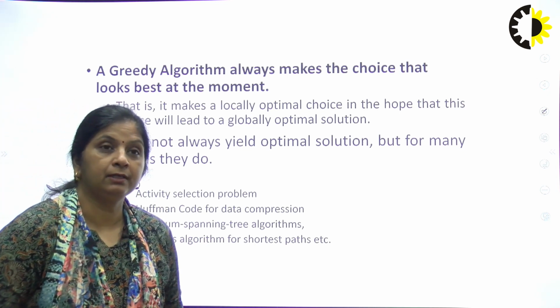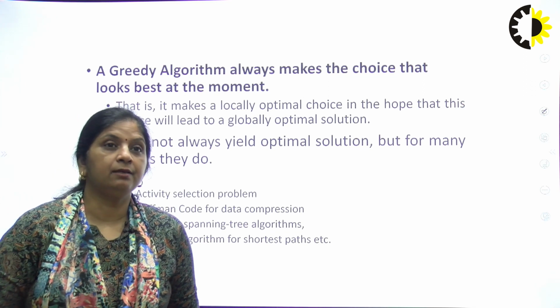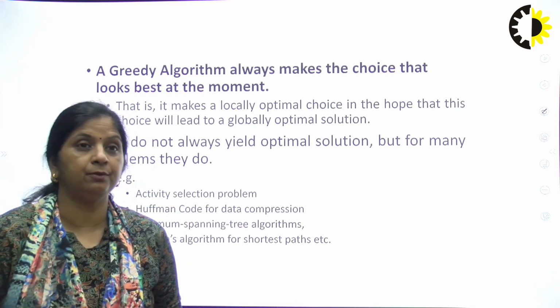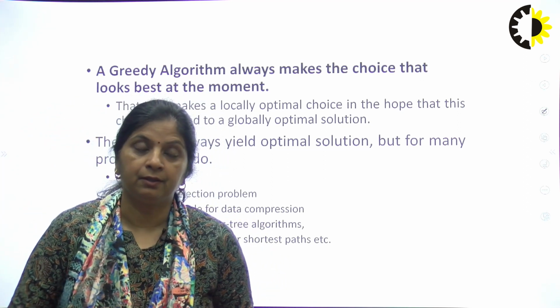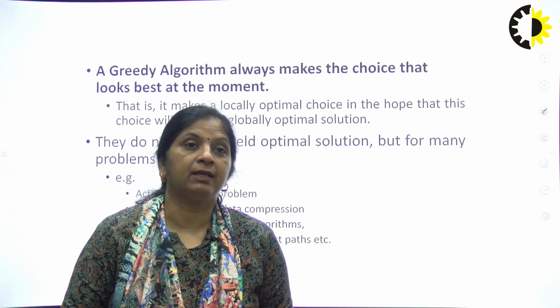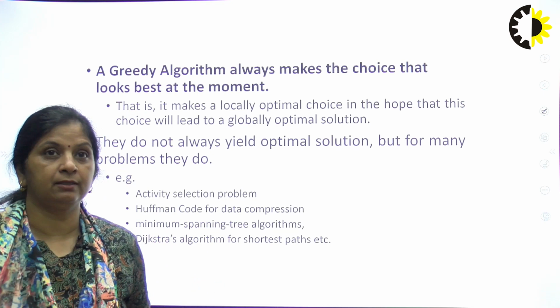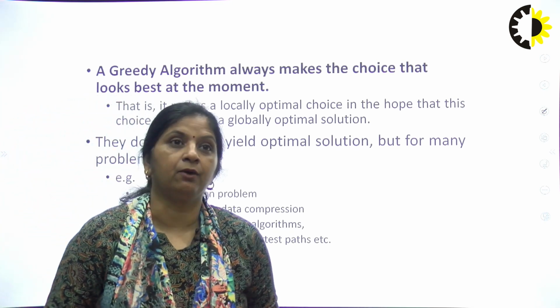So first of all, what is the greedy algorithm approach? When we design our algorithms and programs, we have a number of ways to do the designing. For example, divide and conquer method, dynamic programming, greedy algorithm, so many choices are there. So now the point is when to take greedy algorithm.